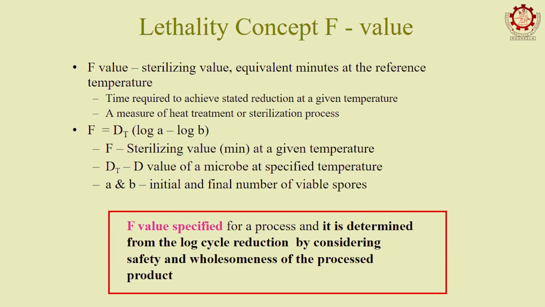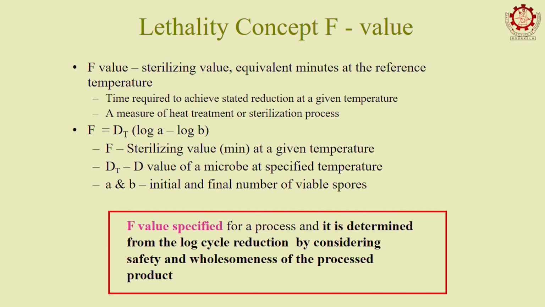The next concept is the F value. The D value says, okay, I have bacteria and I am treating at a certain temperature, and under that temperature, what is the time it takes to reduce the population by 90%. The Z value tells how different bacteria are sensitive to different temperatures.